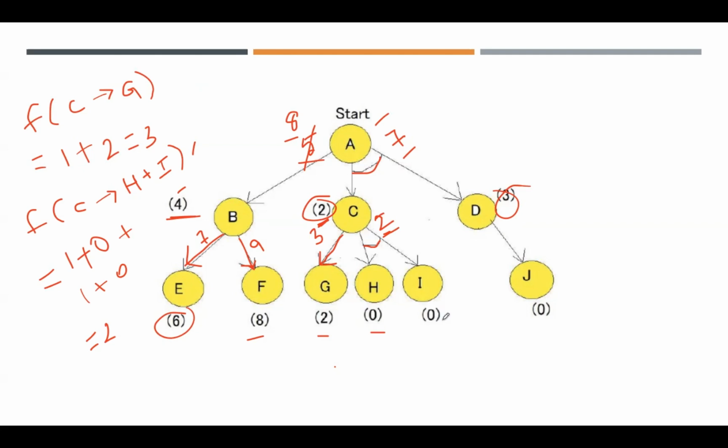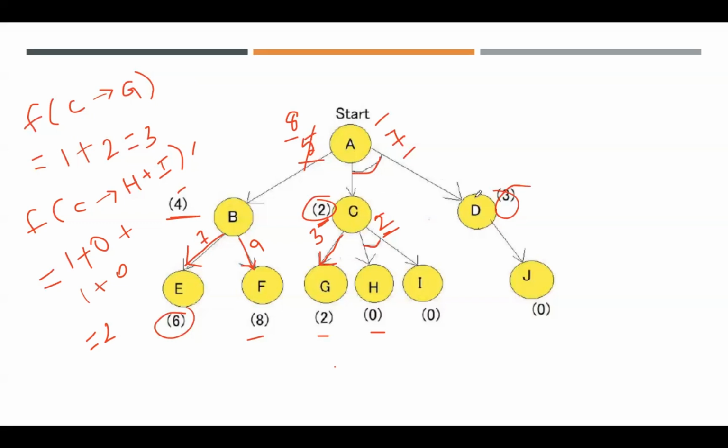But the path A to D also needs to be calculated as it is having an AND arc. So you can see C and D. After calculating C, we should not leave it like that. We should calculate D also.